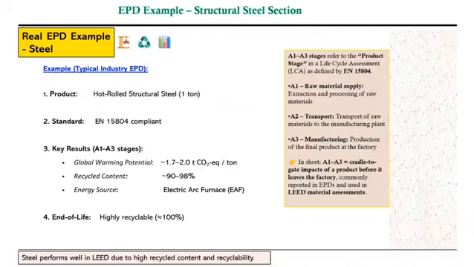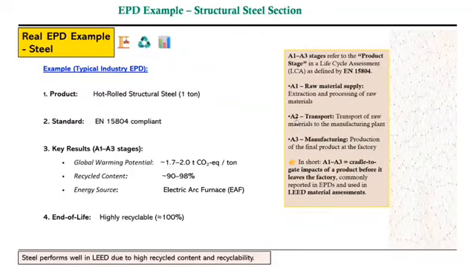Now here we have a discussion. There is a new term, A1 to A3 stages. What are they? A1 to A3 stages refer to the product stage in a life cycle assessment, as defined by EN 15804. The A1 stage is raw material supply, the extraction and processing of raw materials.